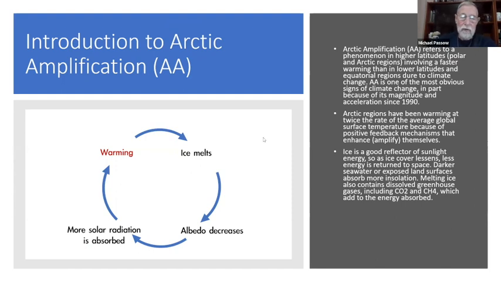I know many of you are familiar with feedback mechanisms, but I just want to explain it briefly in case anyone isn't. In a positive feedback mechanism, such as shown here, if there's more warming to start at that spot, more ice melts and the amount of sunlight reflected back to space, the albedo, decreases, because more energy is absorbed by the Earth's surface and by darker seawater than by the ice.